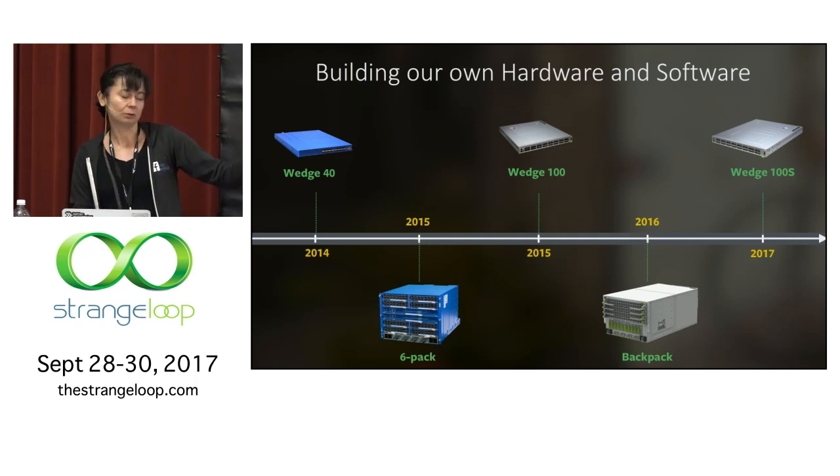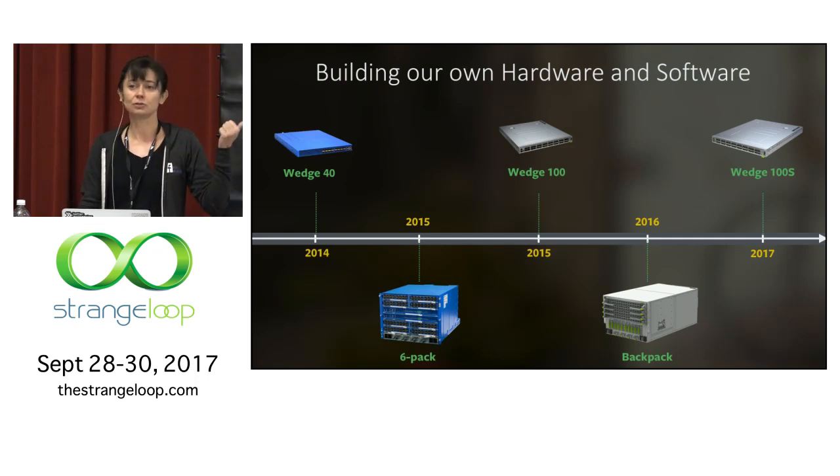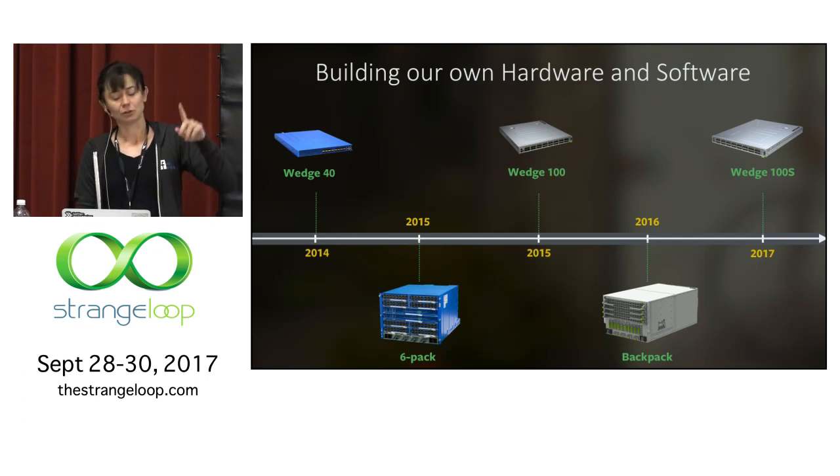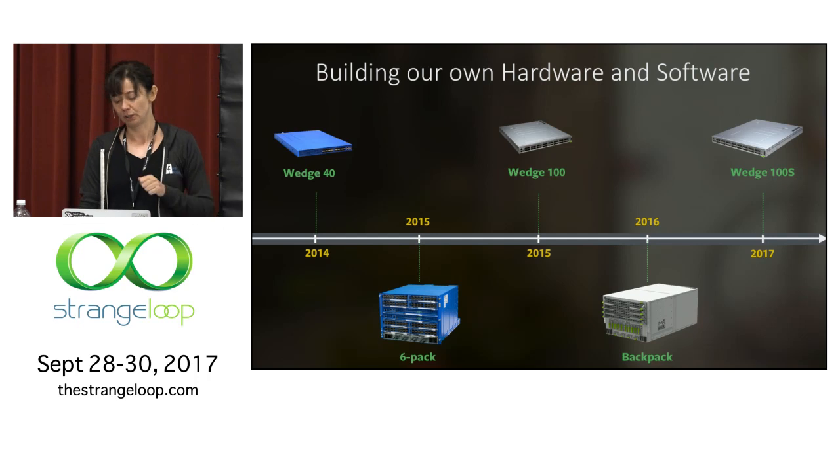We never used this in production much because by that time there was a need to start working on 100 gig data centers. So we built 100 gig versions of both of these devices, wedge 100 and backpack. And then earlier this year, we released wedge 100S that had some more security features.